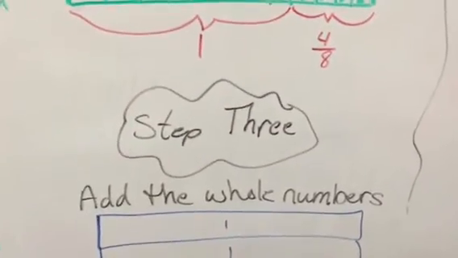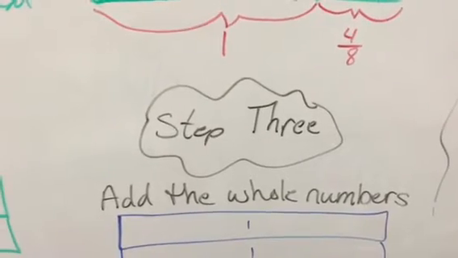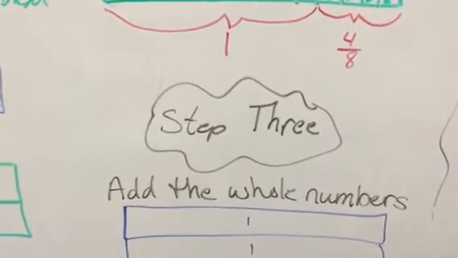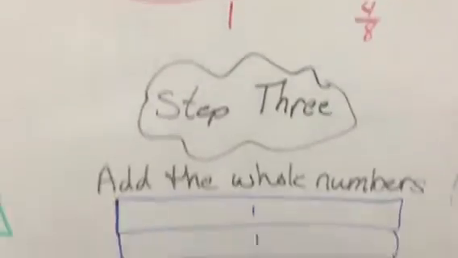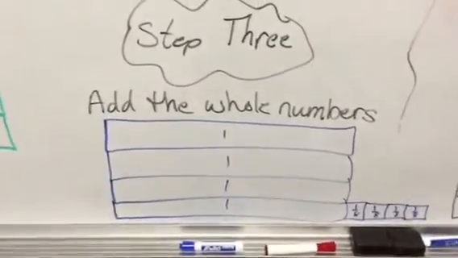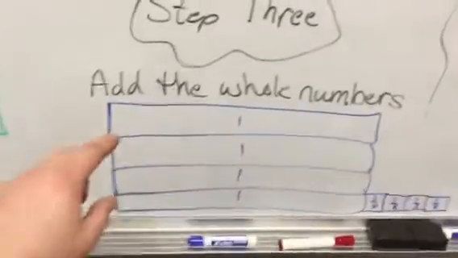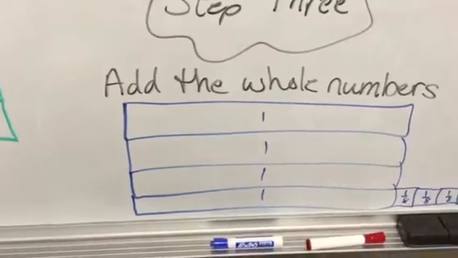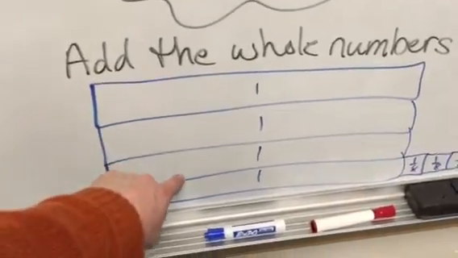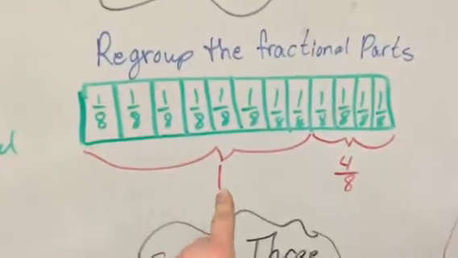Then we go down to step 3, add the whole numbers. Now we need to make sure we add any whole numbers that we created in step 2. So this is what it looks like. Our original number, 1 7/8, we have the one whole number from the first number, plus 2 5/8. So we add 2 more whole numbers. And then in step 2, we added another 1 right there.